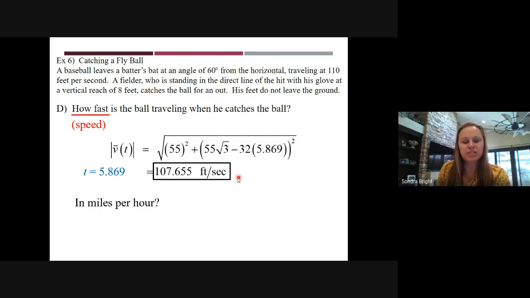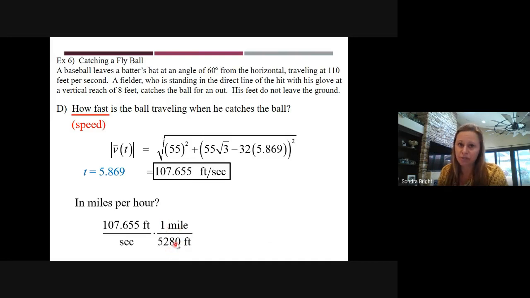To convert it to miles per hour, we start with 107.655 feet per second. I'm going to write feet on top, second on the bottom. I want to convert feet to miles, and I want to convert seconds to hours. I'm going to start with converting the feet to miles. There is 5,280 feet in 1 mile. Should you know that? Yes, you should. We don't give it to you.